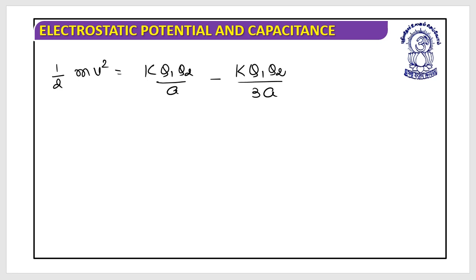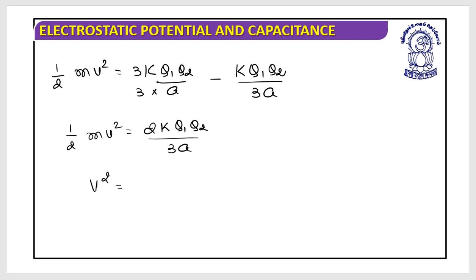Yes. So if I write this and solve this, let's multiply and divide with 3. It's 3KQ1Q2 divided by 3a minus KQ1Q2. So this is 2KQ1Q2 divided by 3a, which should be equal to half mv square. You have done all this to find out the velocity. I hope you remember this.